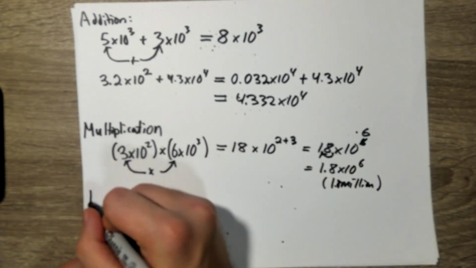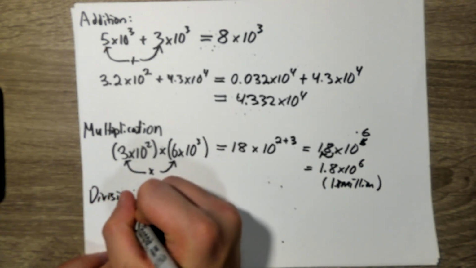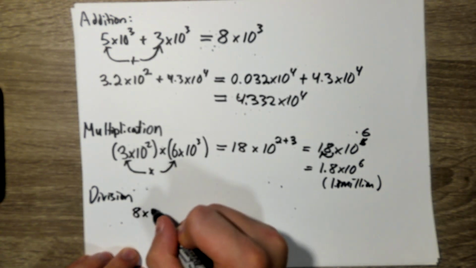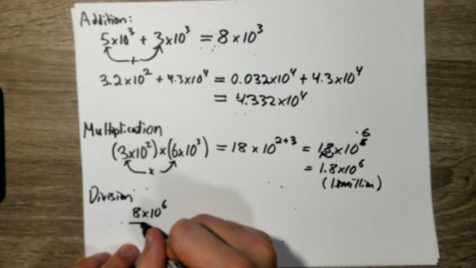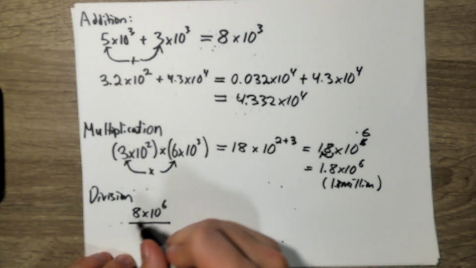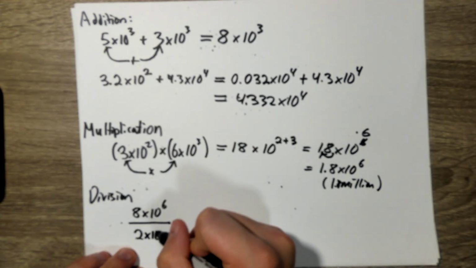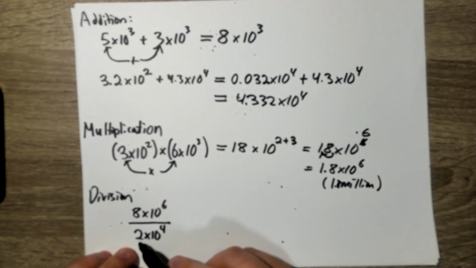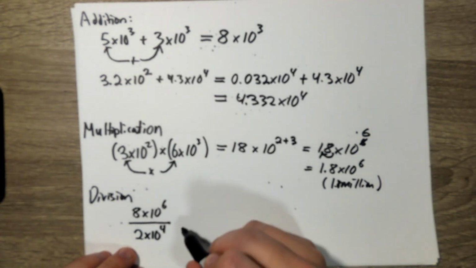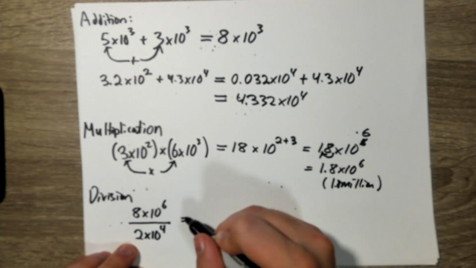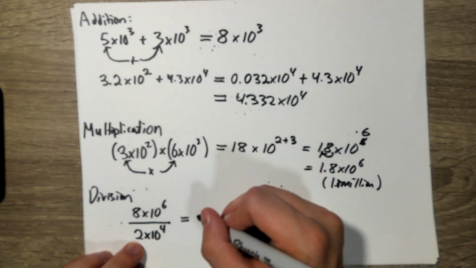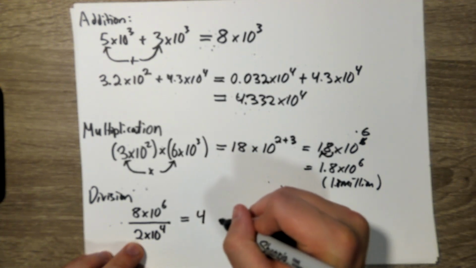Now division is a lot the same. Say you have 8 times 10 to the 6, or 8 million, and divide by 2 times 10 to the 4. So 8 million divided by 20,000. What you do is you take the A values and divide them. So 8 divided by 2 is 4.